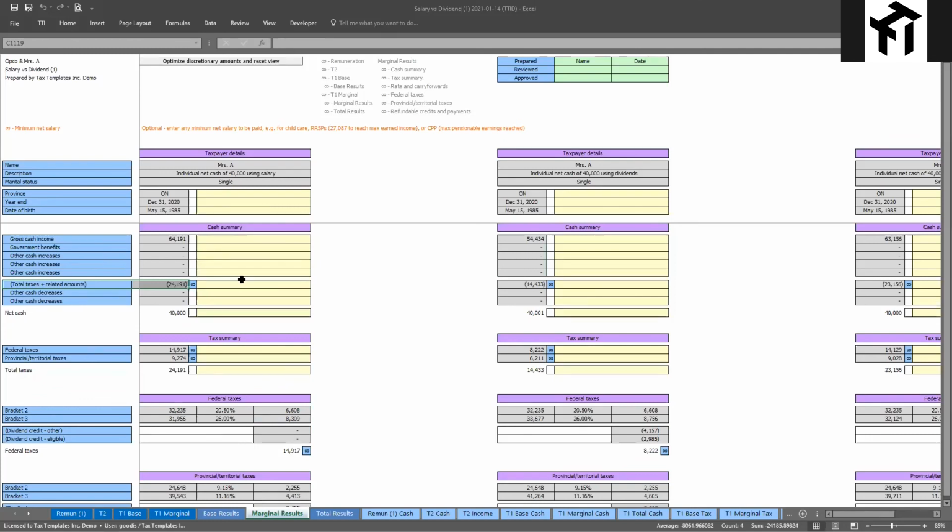We get into this circular calculation until the individual has enough money to pay the tax bill. So that's what we've done with this worksheet: we know that we have to pay out $64,191 in order to cover the $24,191 in taxes to leave them with $40,000 so they can pay back that shareholder debit.